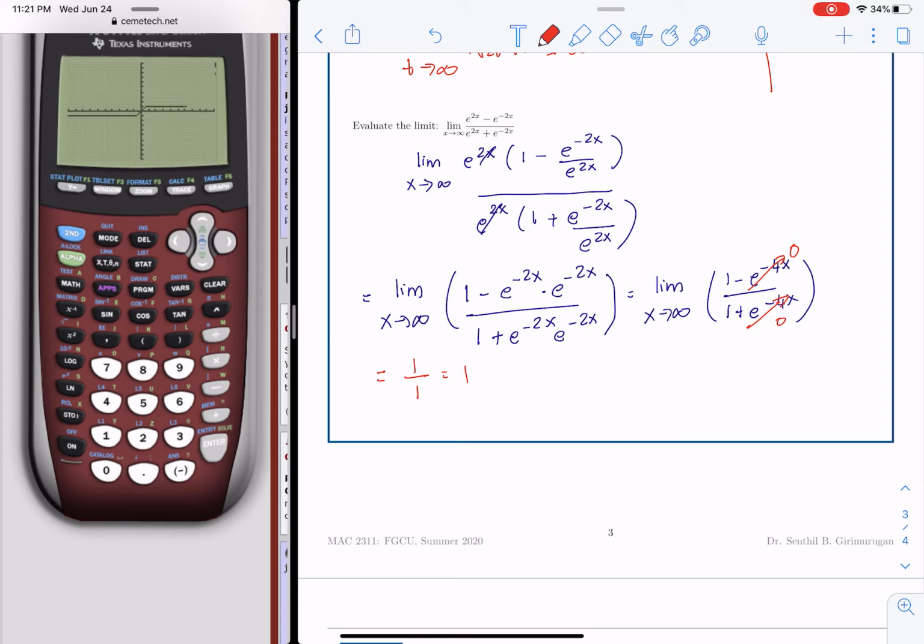And you can see it is going toward 1 as x approaches positive infinity. But if x is approaching negative infinity, the answer would be negative 1. So you can look at the picture and get the answer.